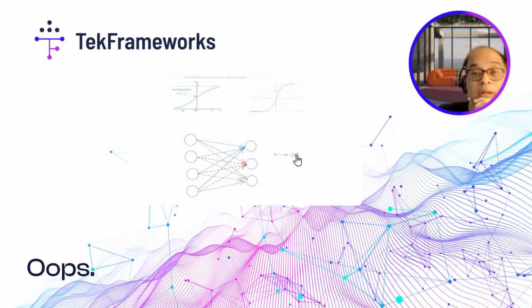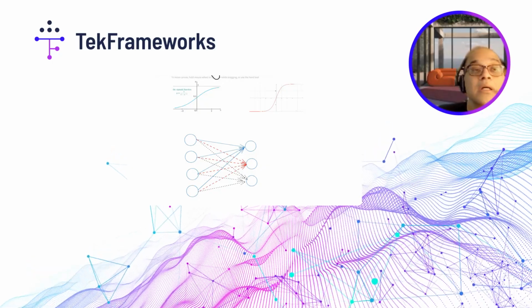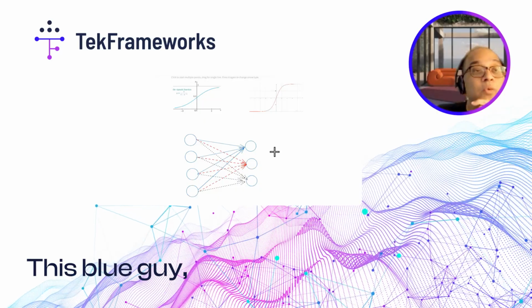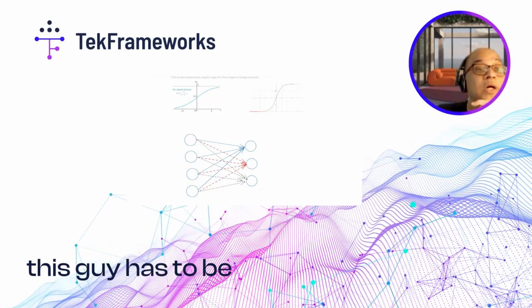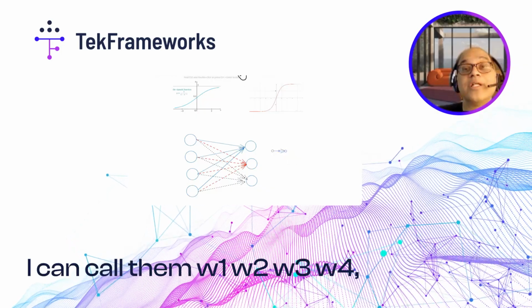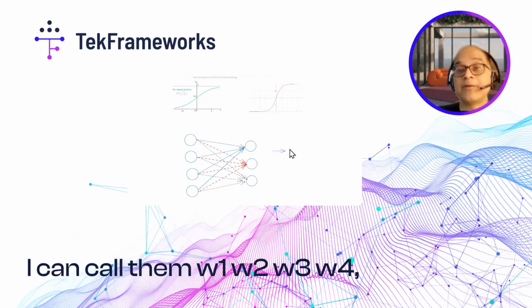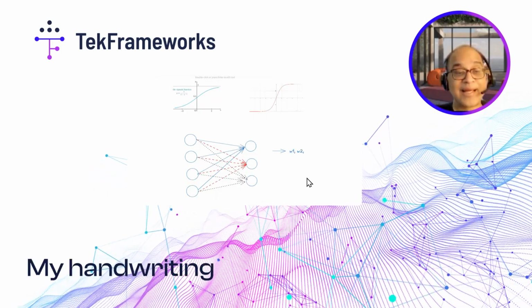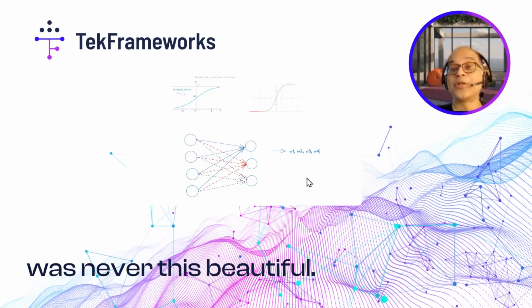This blue guy has to be in blue also. These blue guys, I can call them W1, W2, W3, W4. My mom would be so happy to see this. My handwriting was never this beautiful.